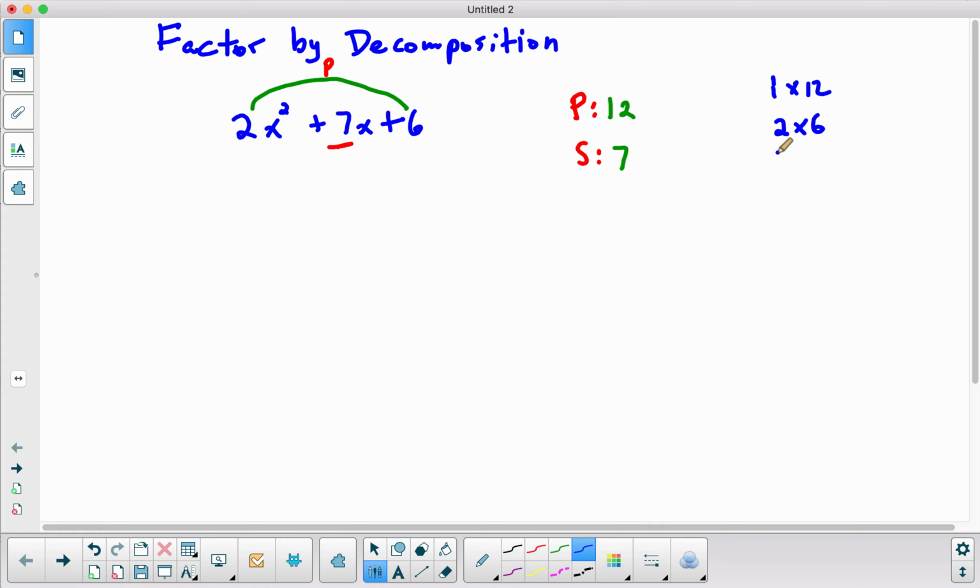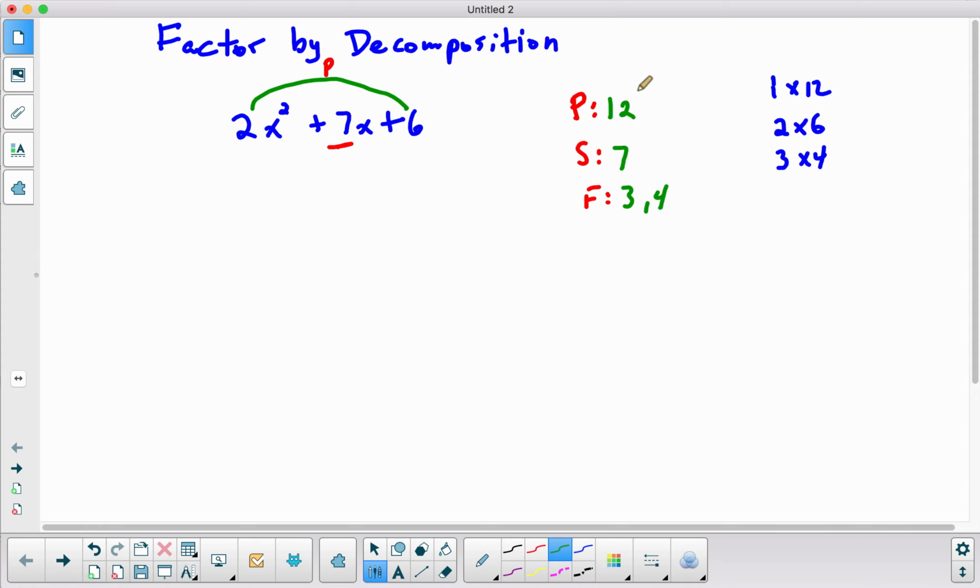So what else multiplies to get 12? Well, 3 times 4 gives you 12, and look at that, 3 plus 4 is 7. So the two factors we're looking for involve 3 and 4. Those are the two numbers we need.